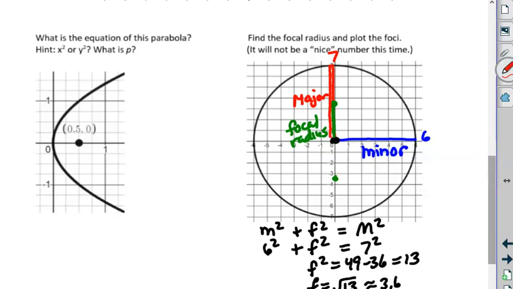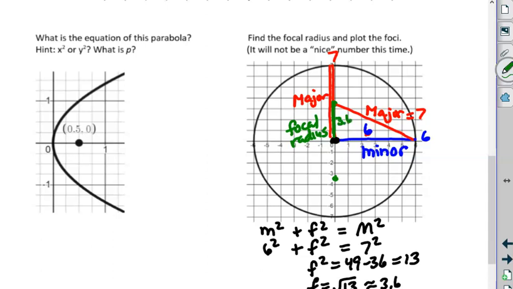If I were to connect the focus to the end of the minor axis, this distance here, 7, is exactly the same as this distance here. So this would also be the major radius, which equals 7, and this equals 6, and this would equal about 3.6.